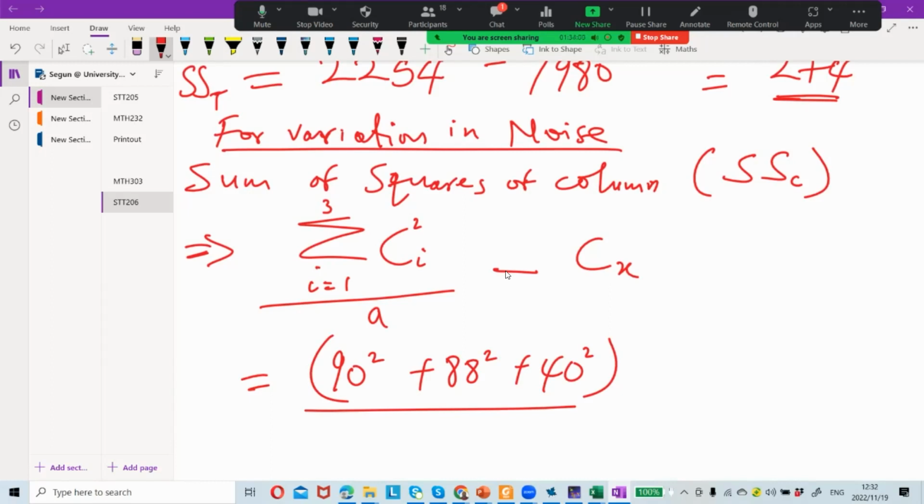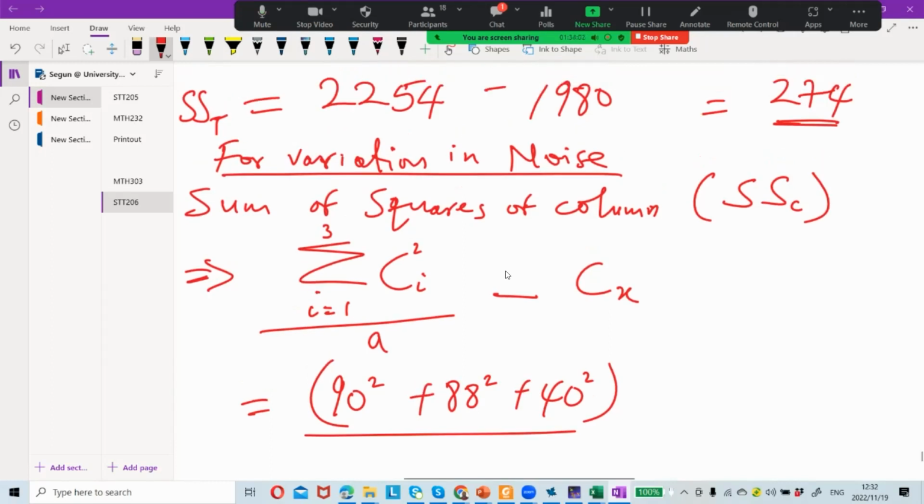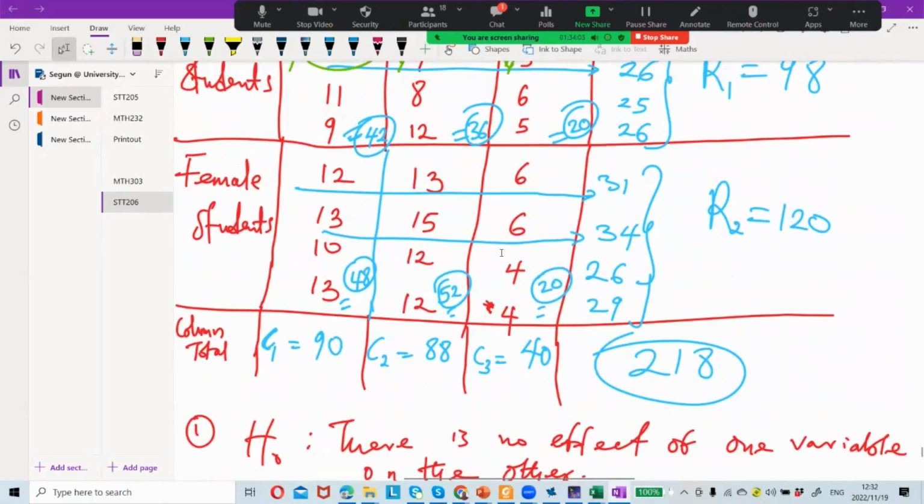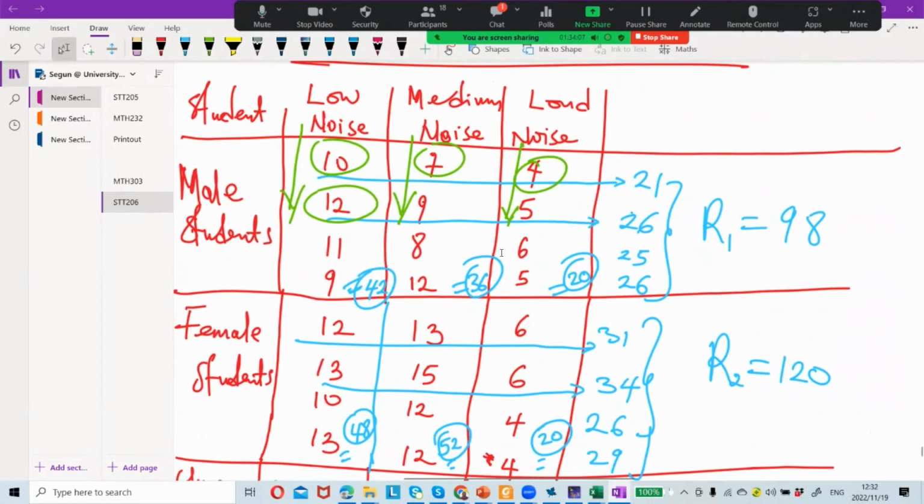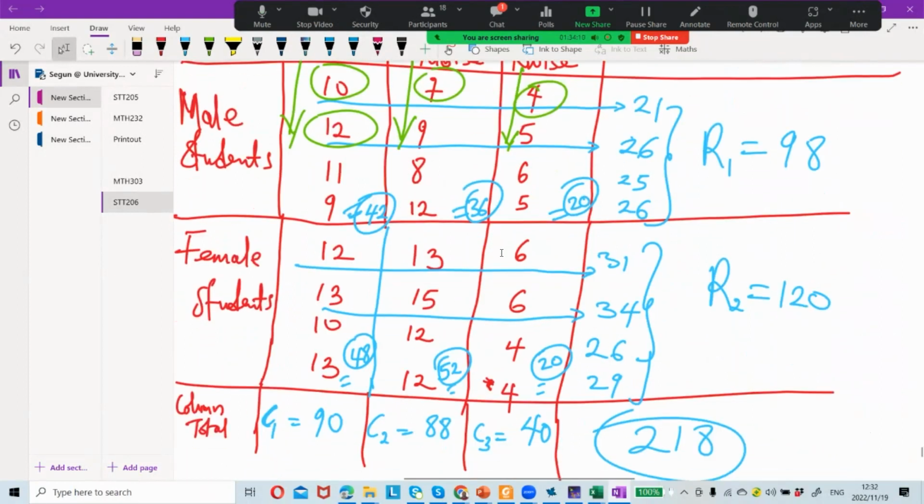how many points do we have? 24. No. How many groups? 3. No. How many totals? Look at it. 1, 2, 3, 4, 5, 6.